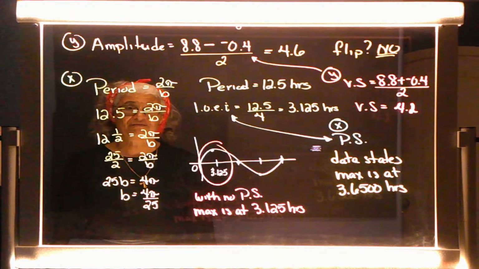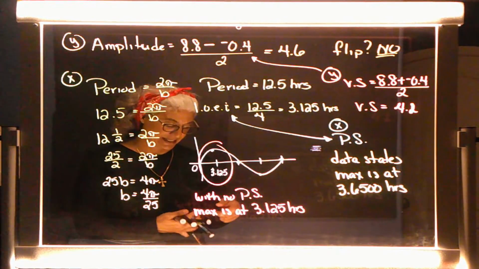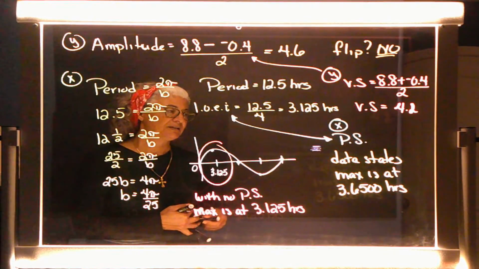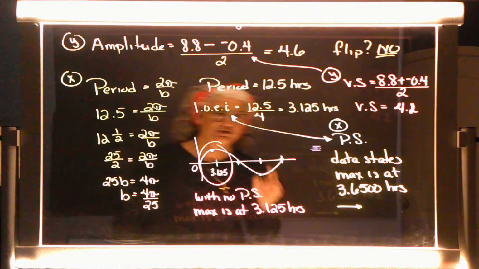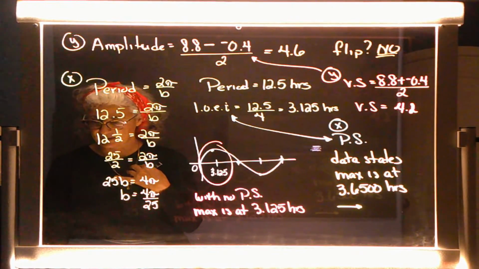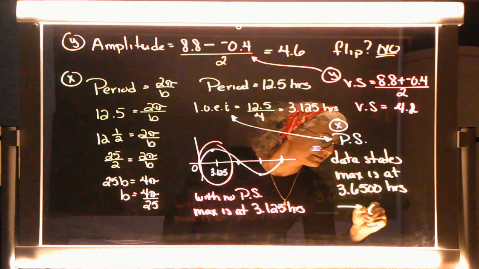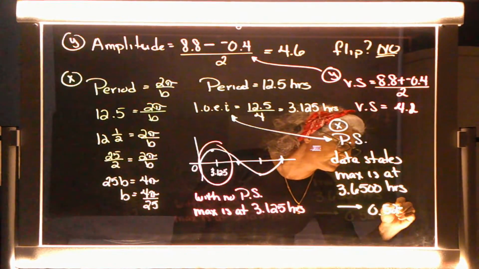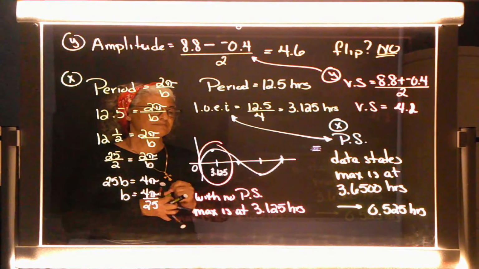So do I have a phase shift? Oh, I most certainly do. And it is to the right. And you do your subtraction. I've already done mine. It's to the right by 0.525 hours. Cool?